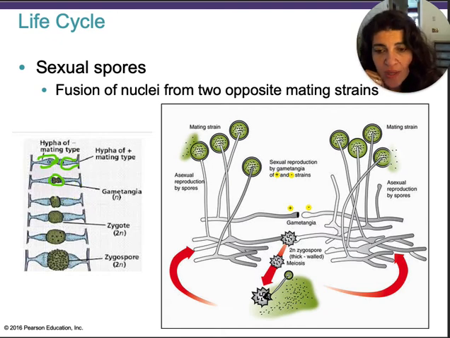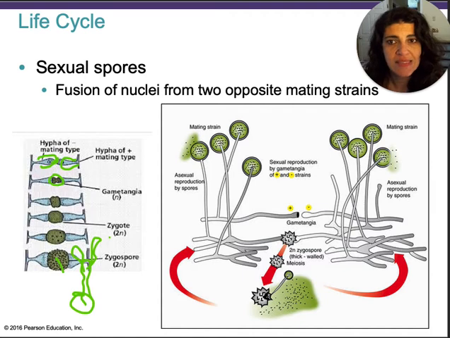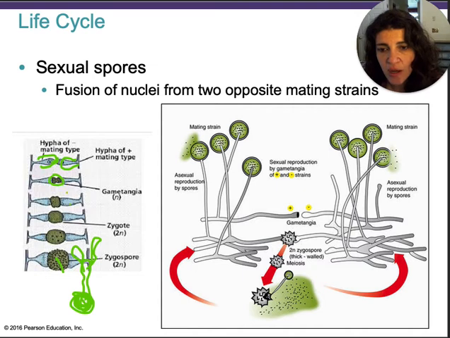When that happens, you form a 2N zygote. And that zygote grows and is going to create a new fungus, just like an asexual spore. What's the difference here? This zygote came from a mom and a dad.